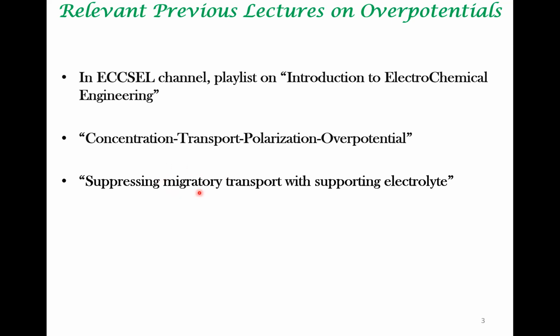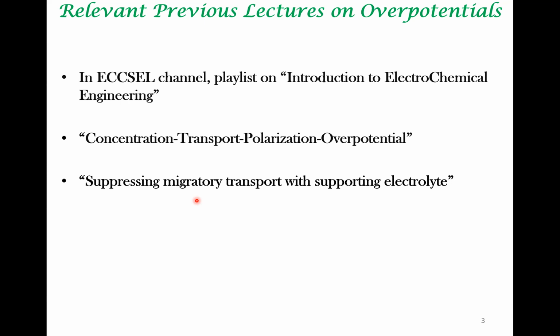And when you say migratory transport, we are referring to a particular transport mechanism. There are three transport mechanisms that are of relevance: convection, diffusion, and migration. In many systems, for example in a battery, you don't have external forced convection.